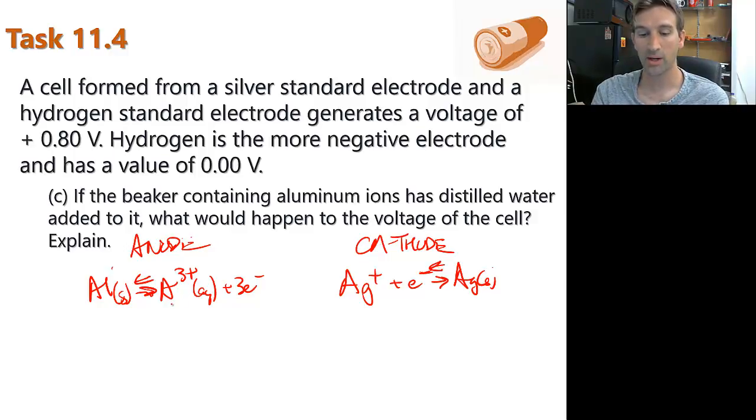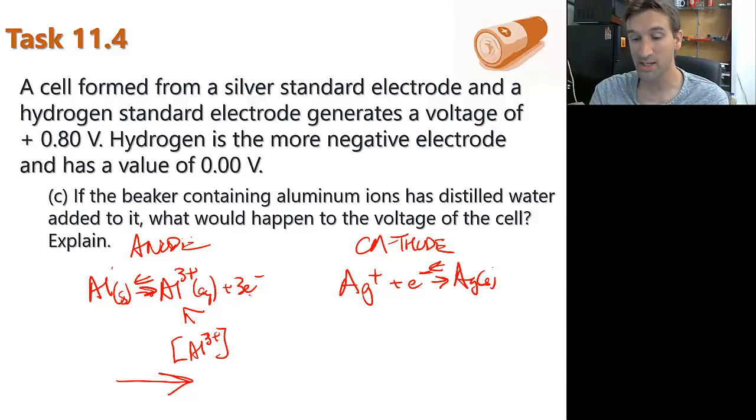Well, adding water is going to cause our molarity to go down. So the concentration of the aluminum ion is going to decrease. What's going to happen is this creates a void on the product side. It's going to force more of the solid to react to form more of the ions.